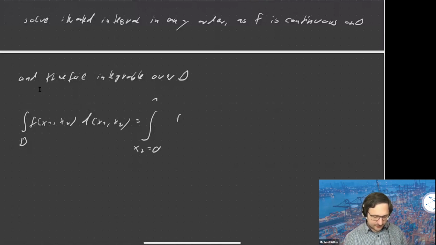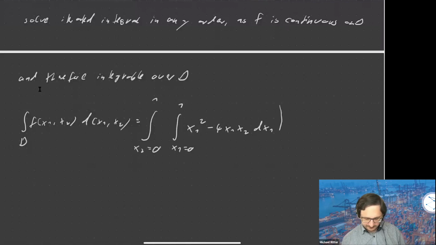And the inner integral, the first one to be applied, will be the x1 integral. And x1 also varies between 0 and 1 here. And the function is x1 squared minus 4 x1 x2. Inner integral, that's dx1 first, and then dx2.